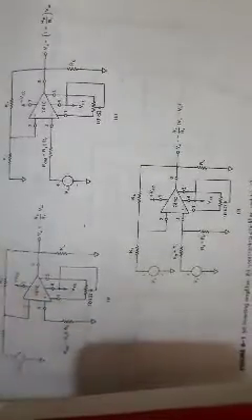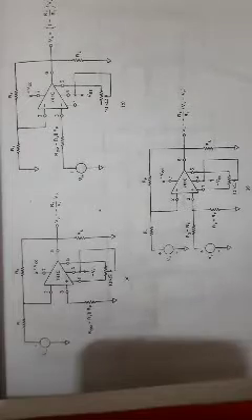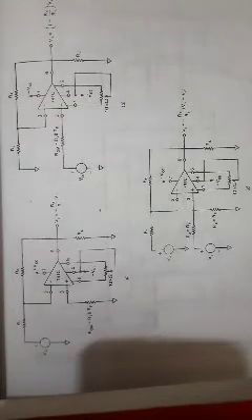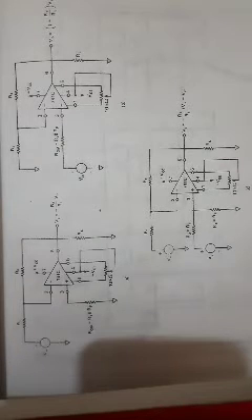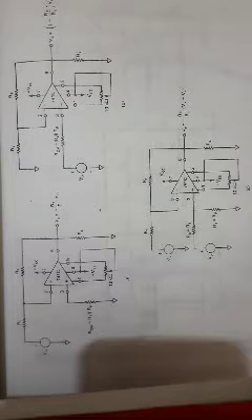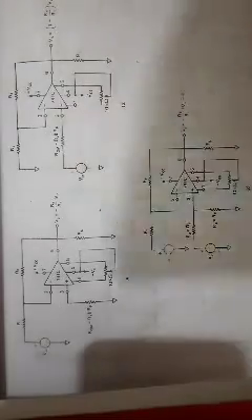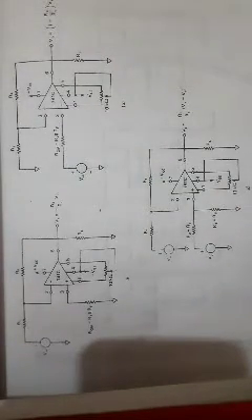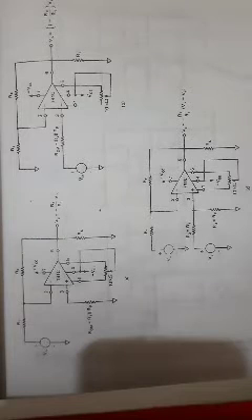In order to know how a DC amplifier operates as an inverting amplifier, non-inverting amplifier and a differential amplifier, before that we should know about the offset voltage. What is offset voltage? When the input is 0, the output must be 0.